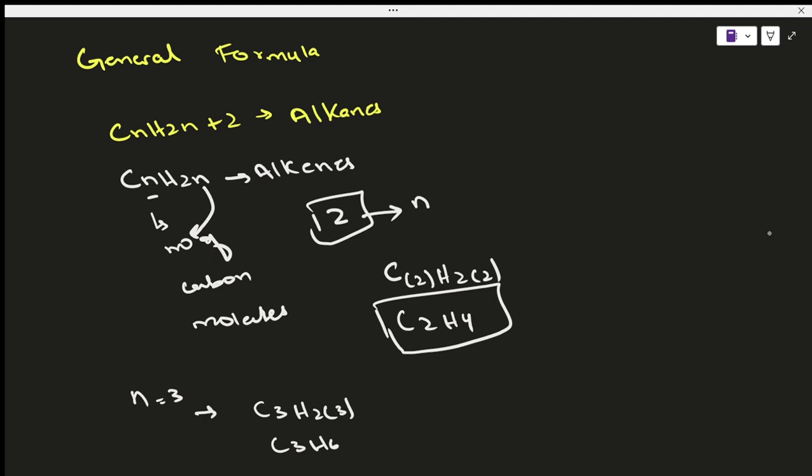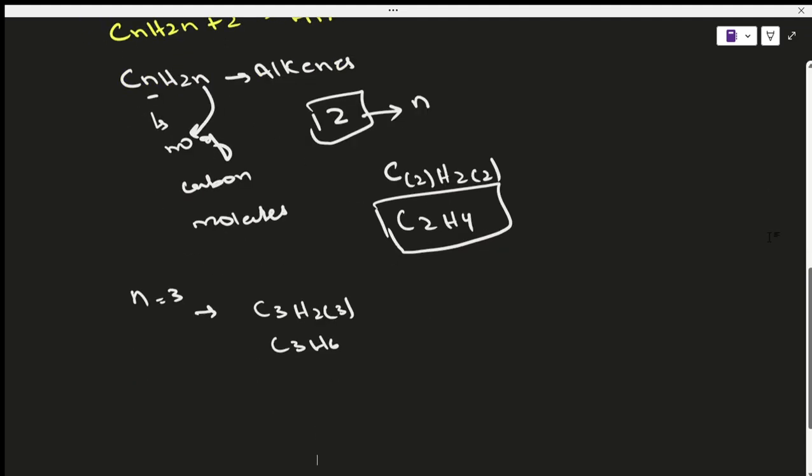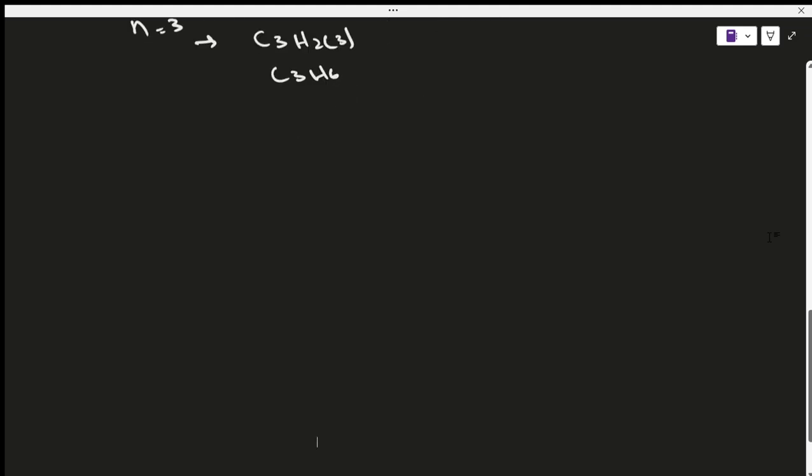Okay, so this is the general formula. And one more thing that I've explained in much detail before is what the homologous series is and how every different family has its own homologous series. So right now we're talking about the homologous series of alkenes. And how does the homologous series of alkenes work?